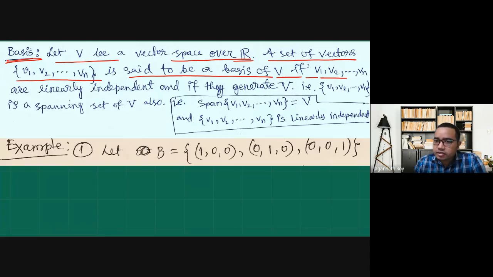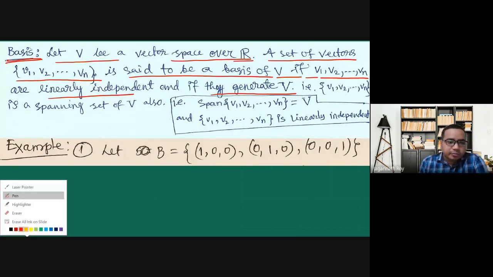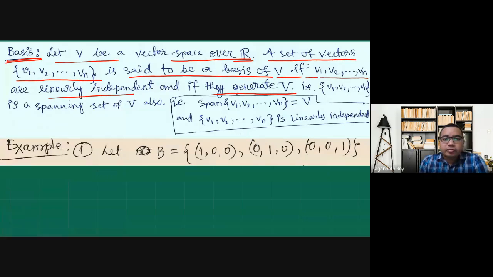It must be a linearly independent set, and it must generate V. That means any element x belonging to V can be written as a linear combination of these n vectors, provided V1, V2, and Vn are linearly independent.